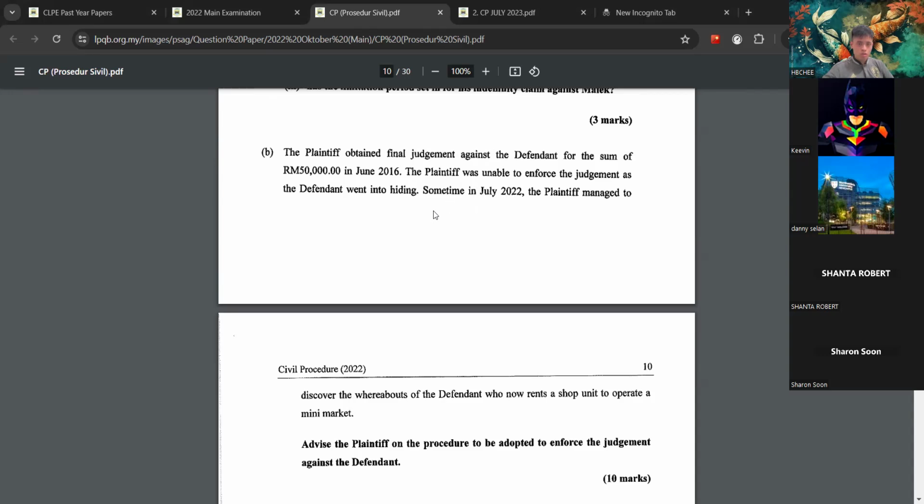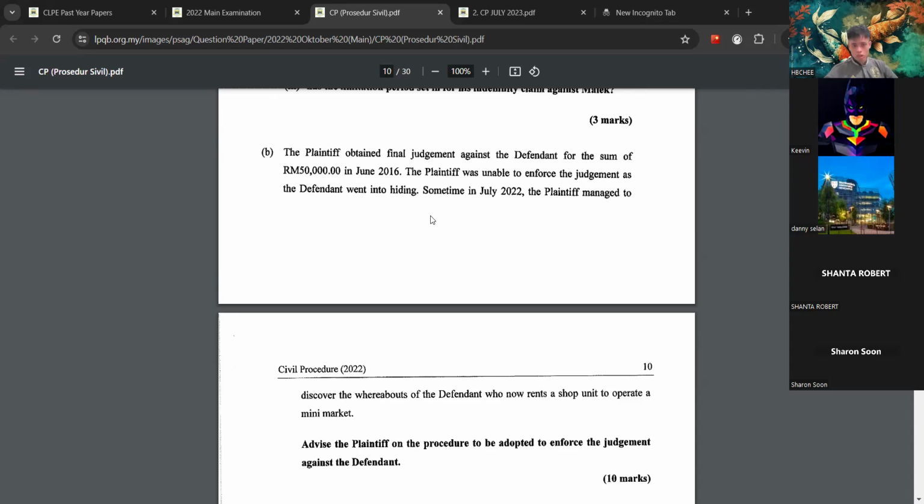So according to your Order 46, Rule 2, you have to apply for leave of court to enforce the judgment, and no interest is entitled to be claimed. So when you cite these two, Order 46 and section 6 sub 3 of your Limitation Act, your answer is almost there already.